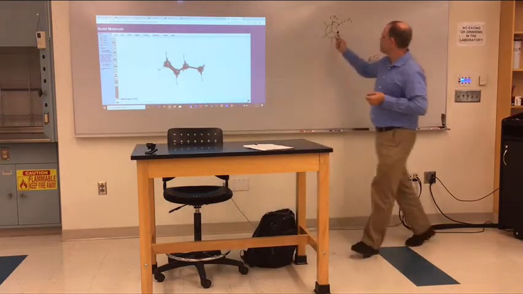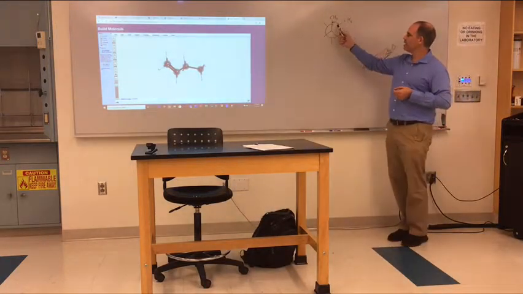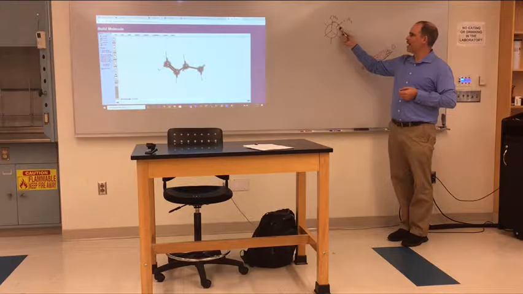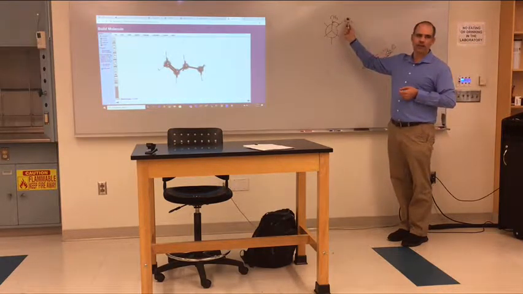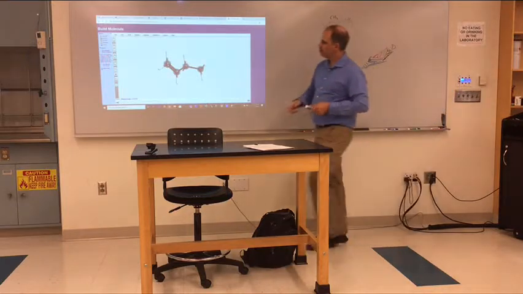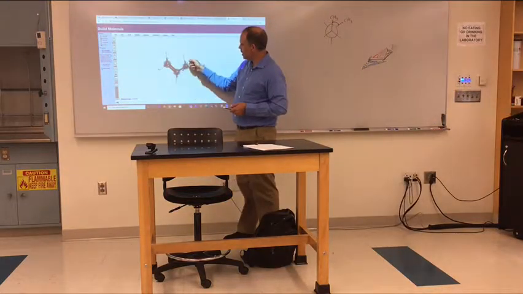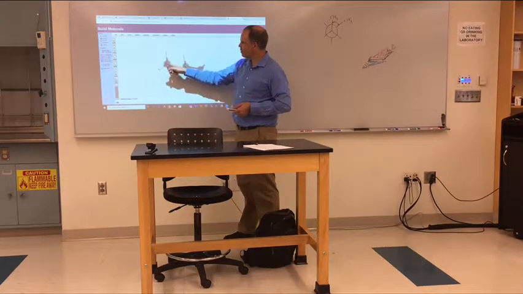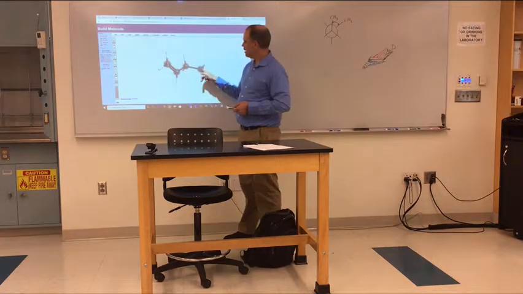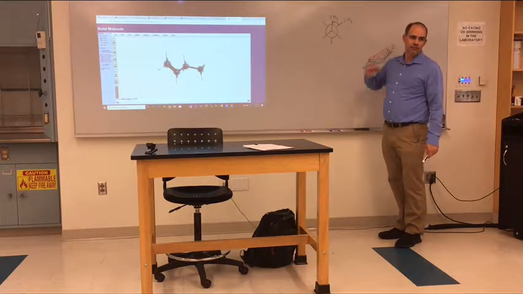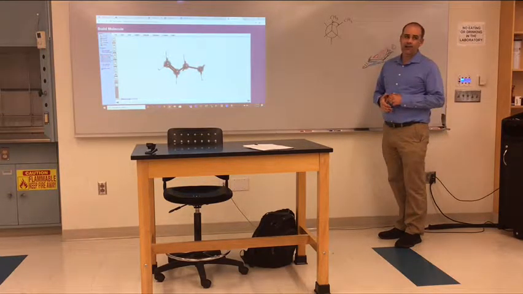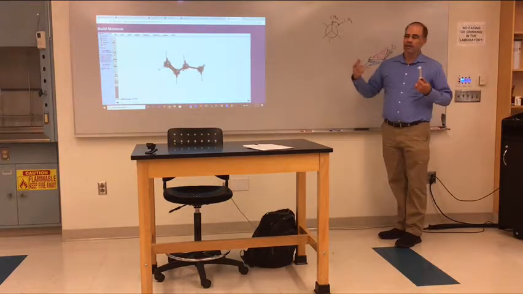So doing one of these projections, it's the angle between the group that's on the back carbon, or the back atom of the bond, and the angle of the front atom on the bond. So we'd essentially be looking down this bond and trying to figure out the angle between this carbon and that carbon in that projection.